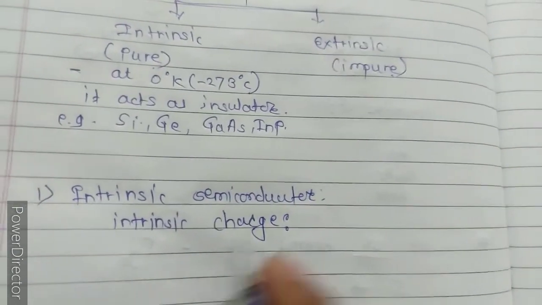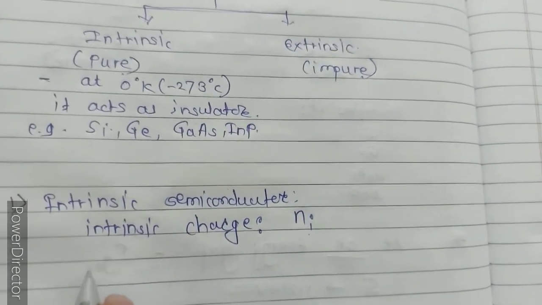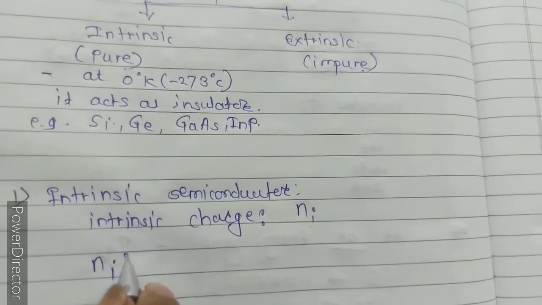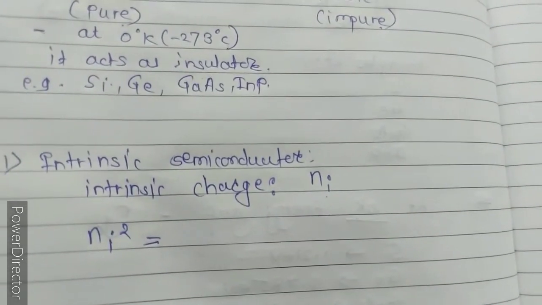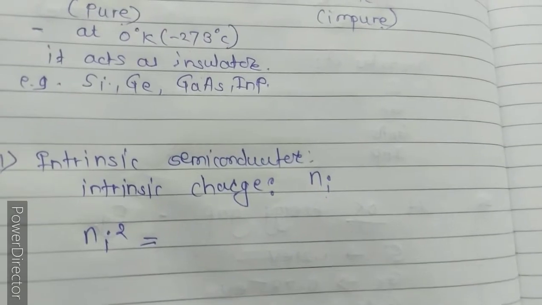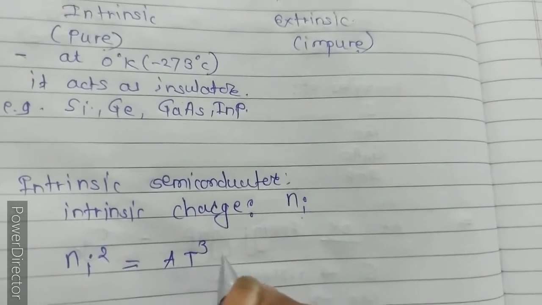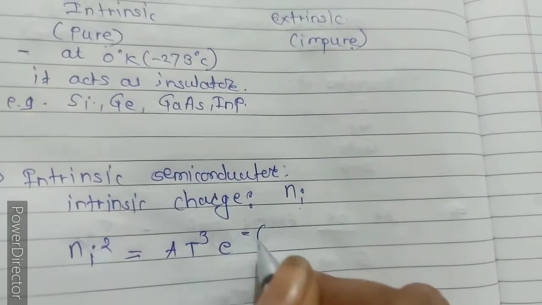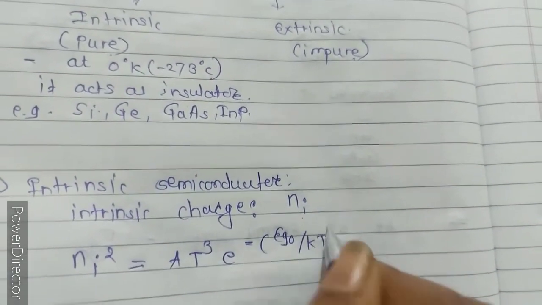In an intrinsic semiconductor the intrinsic charge, known as Ni, is calculated. There is one equation for it that will help you solve examples also: Ni squared equals A T cubed e to the power minus Eg0 divided by kT.